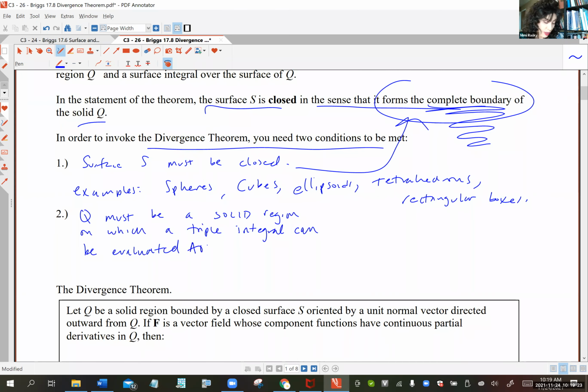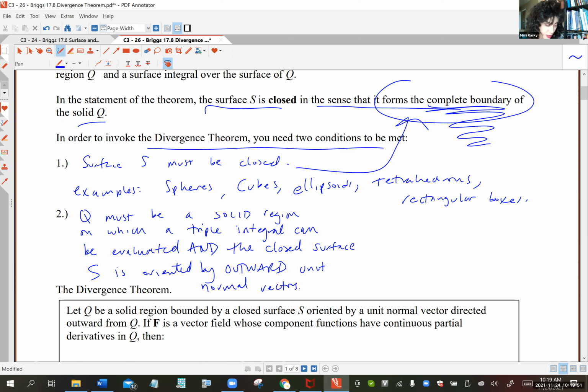And we're going to add more criteria here, that the closed surface S is oriented by outward unit normal vectors. I'll show a little picture here.